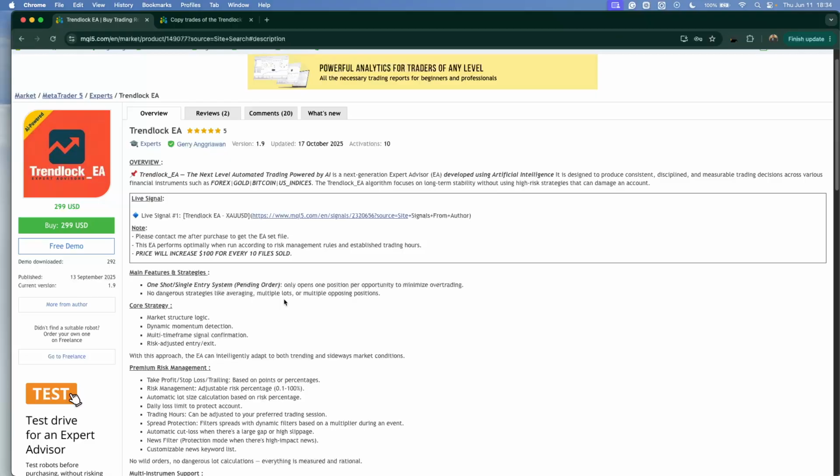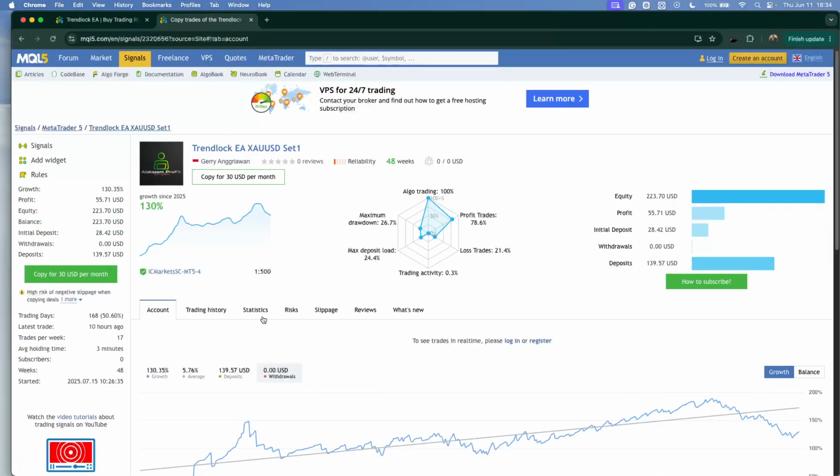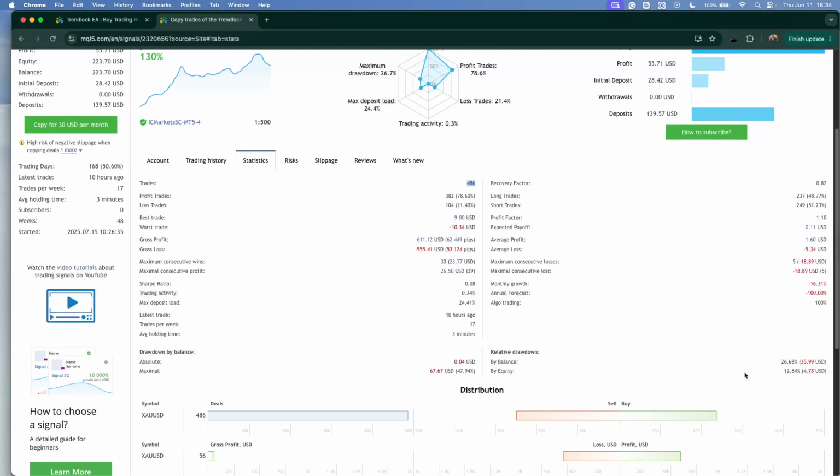But the nuances include potential dead periods where it filters out too much, especially on volatile gold moves. In practice, this means very low drawdowns because it barely trades. But even at that, we have some high drawdowns in the live signal, which I showed you.